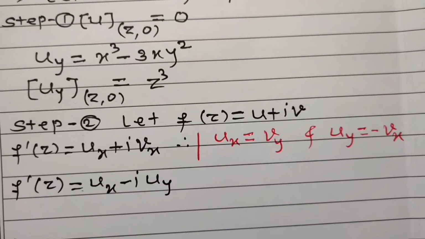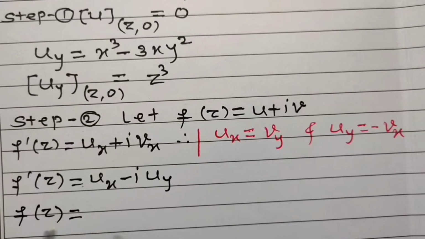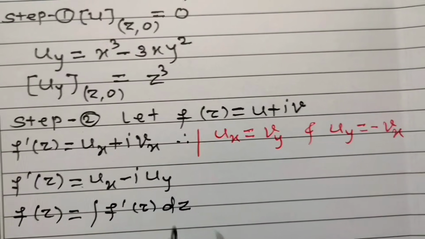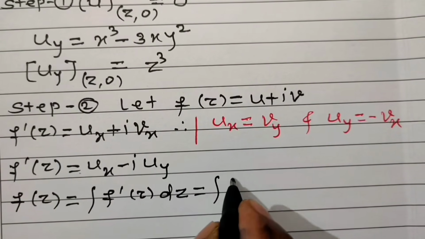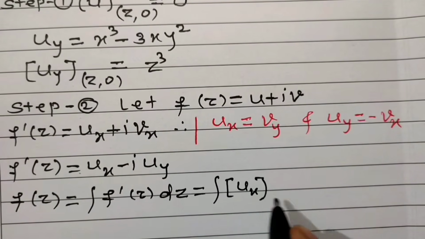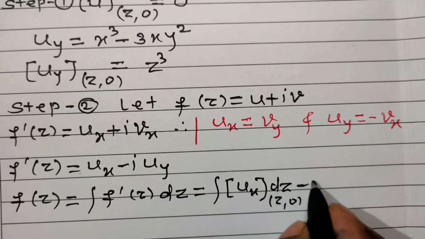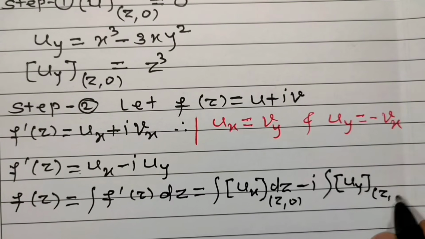Then in step number 2, here we have to find out f of z. f of z is nothing but the integral of f dash z with respect to z. But f dash z is this one, so its integral is equal to integral of ux at z comma 0 dz minus i into uy at z comma 0 dz.